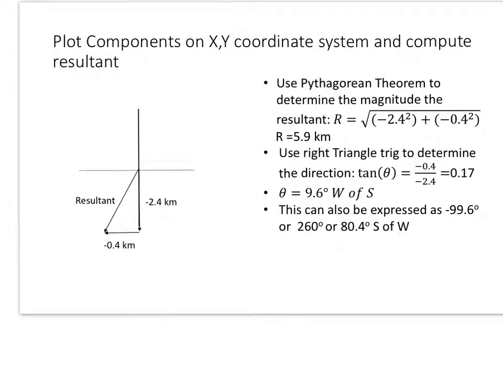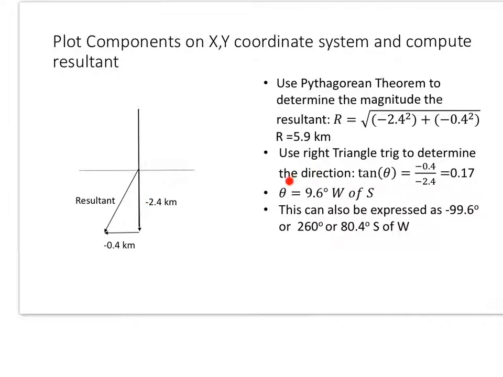I calculate that out, and it comes out 0.17. Then I do an inverse tan on my calculator, and I end up with an angle of 9.6 degrees. That's right here. So that's 9.6 degrees west of south. Here's south, so it's that angle west of south.